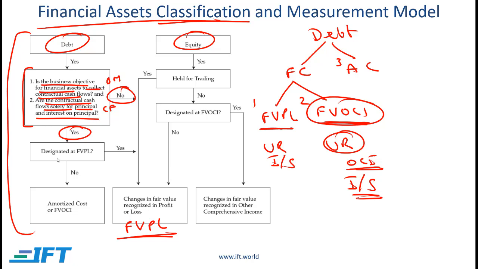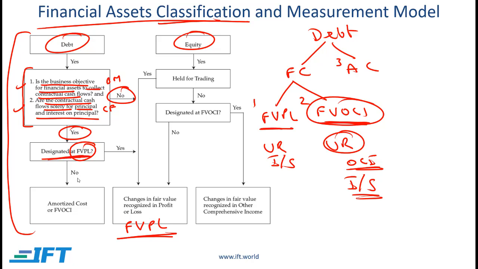The management might want to still designate this instrument at FVPL because the management might want to avoid asset liability mismatches. We don't need to get into too much detail. All we need to recognize here is that even though the answer to both these questions is yes, management still has the option of classifying a particular instrument as FVPL.